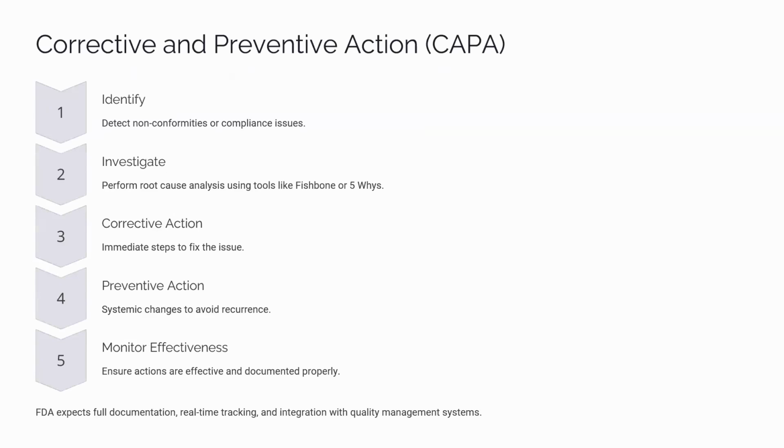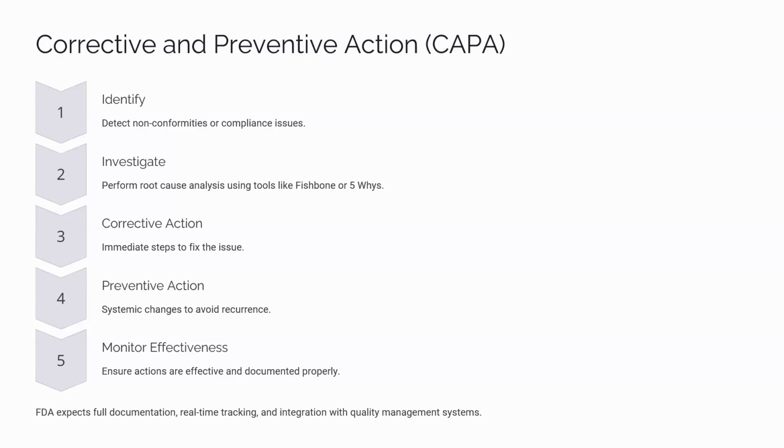Then there's corrective and preventive action, also referred to as CAPA. In CAPA, you have to identify or detect non-conformities or compliance issues, then investigate, where you perform a root cause analysis using tools like Fishbone or Five Whys, etc. Then a corrective action, or the immediate step to fix the issue, is taken.